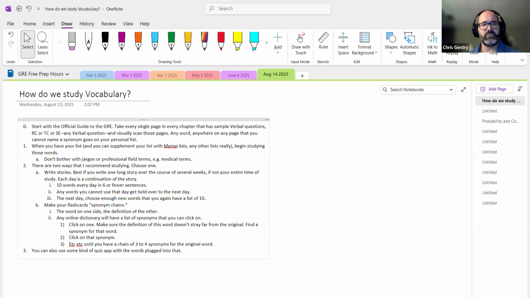Anyone have follow-up questions about my recommendations for how we study vocab? Regarding the 3 to 4 synonyms that we should be checking, some of them might be quite simple words as well.